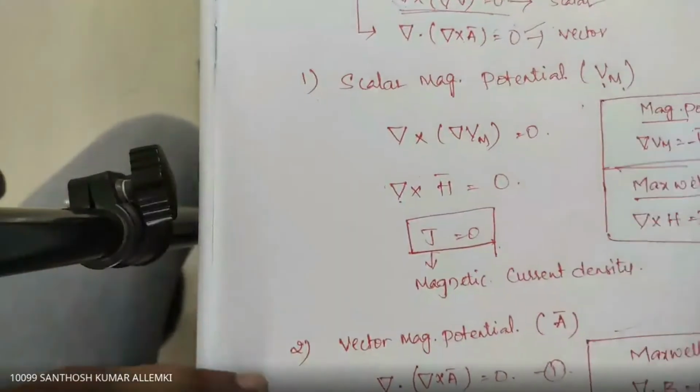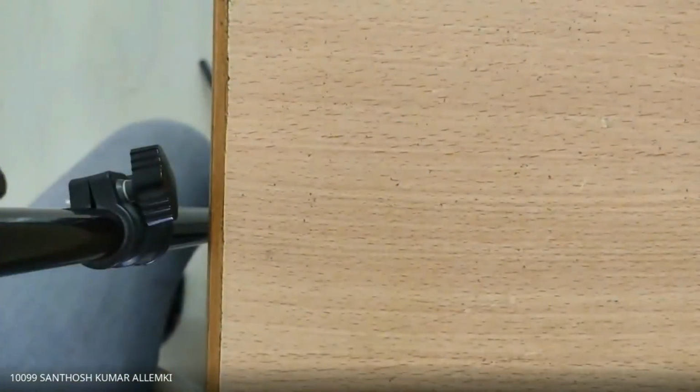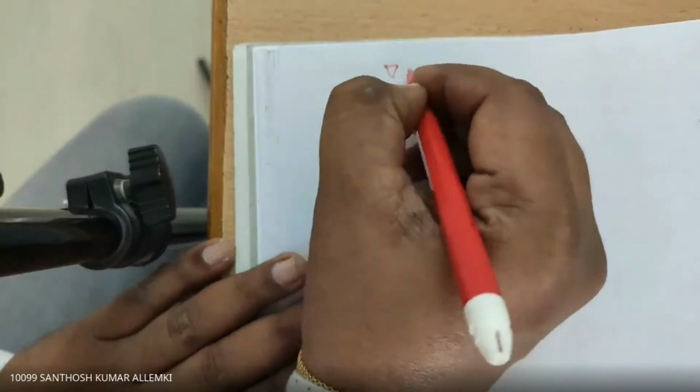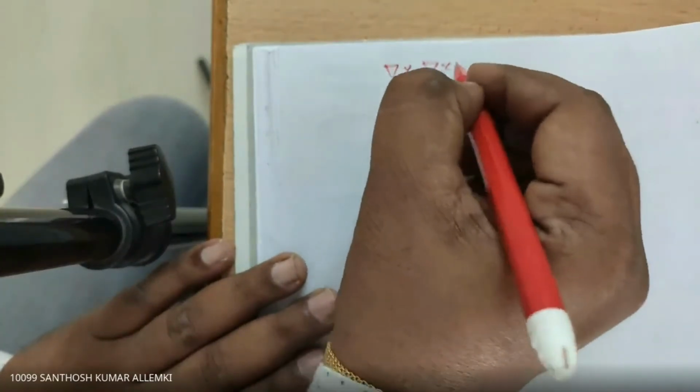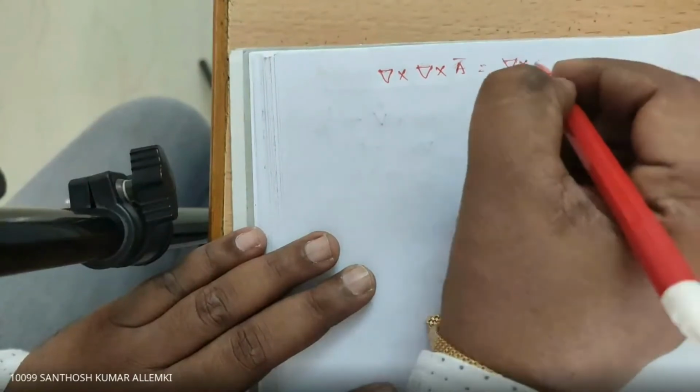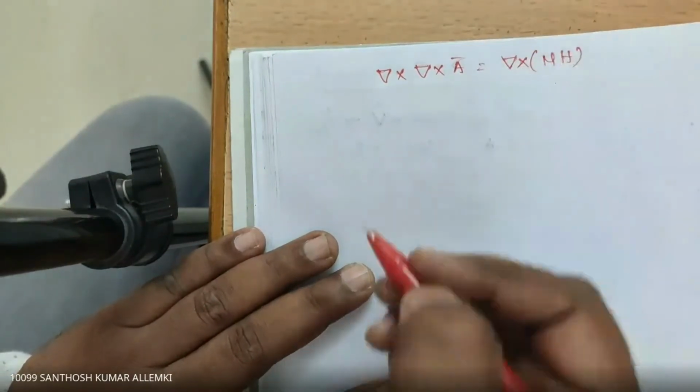Now see here, del cross A bar is equal to del cross mu H. Is it right?